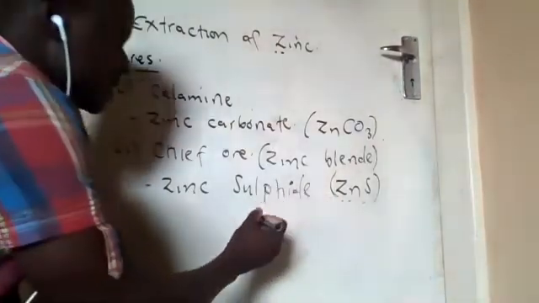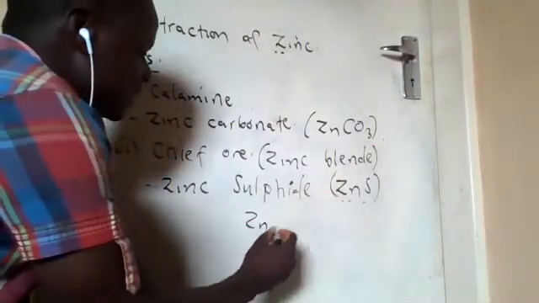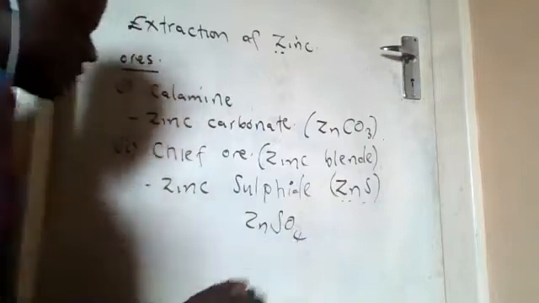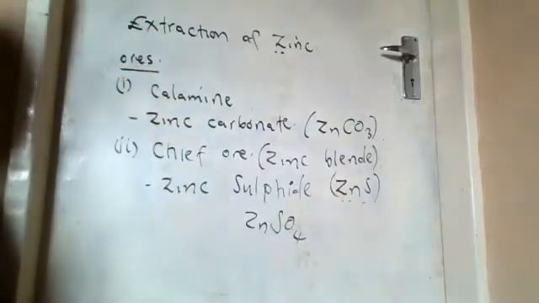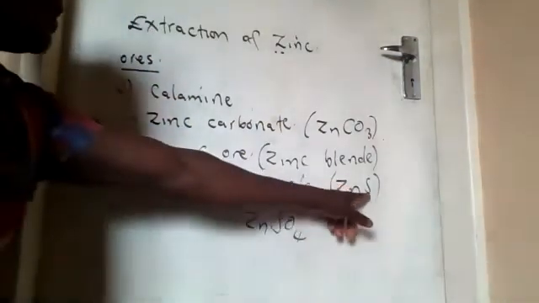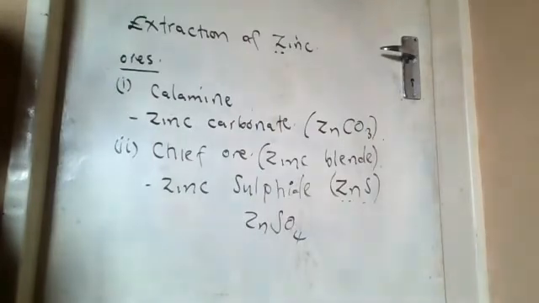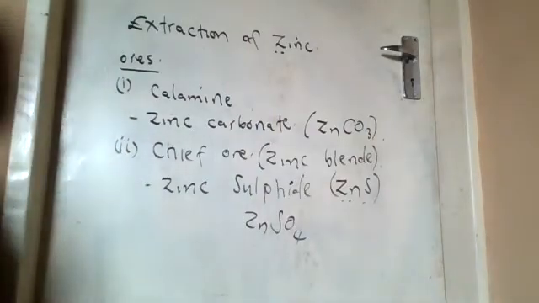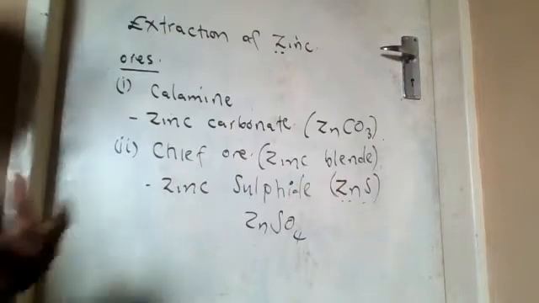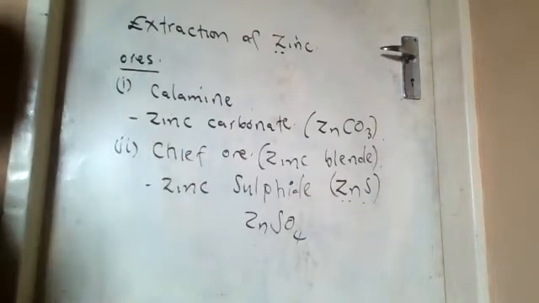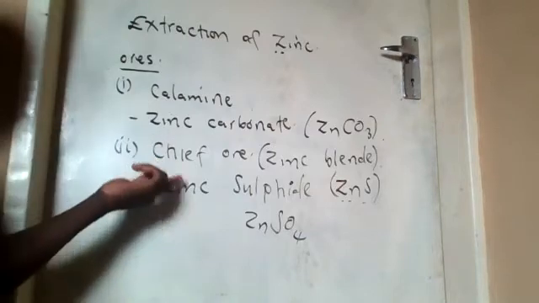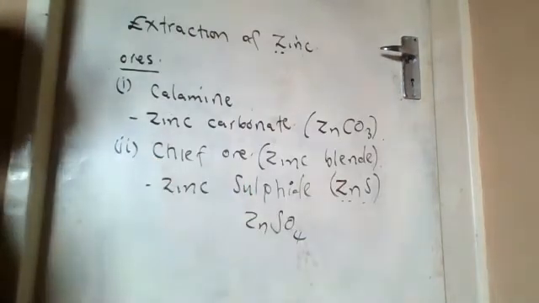If it was zinc sulfate, we would have written ZnSO4, but it's not zinc sulfate, it's zinc sulfide. That's why we have the radical S and not SO4. So that is the first part of the study. We have to look at the ores and which one is the major ore, which is called the chief ore. Having known the chief ore, what is its chemical formula?